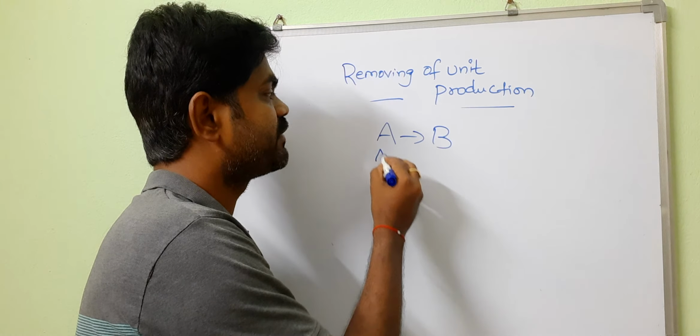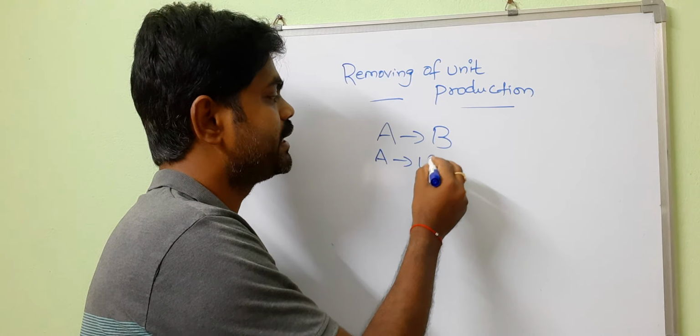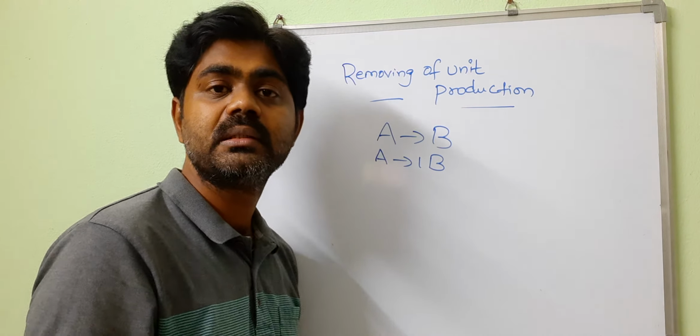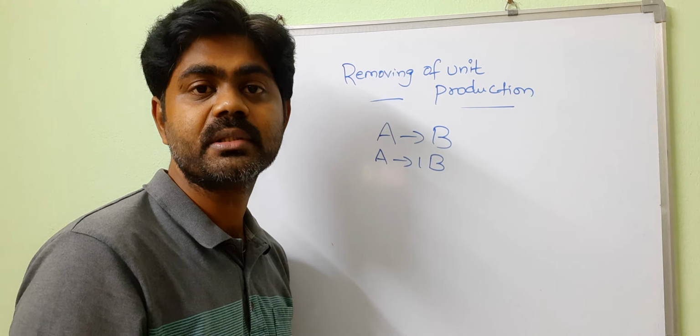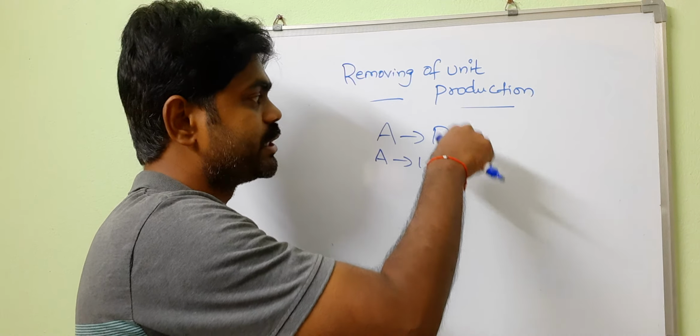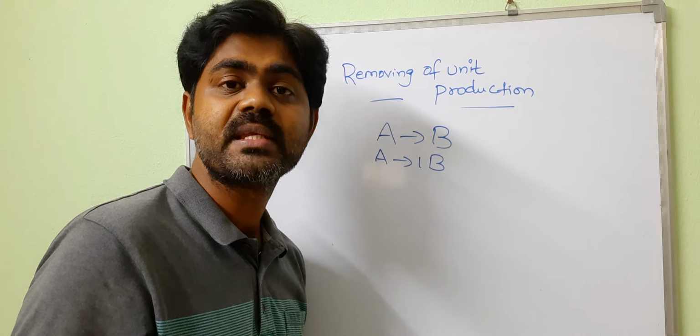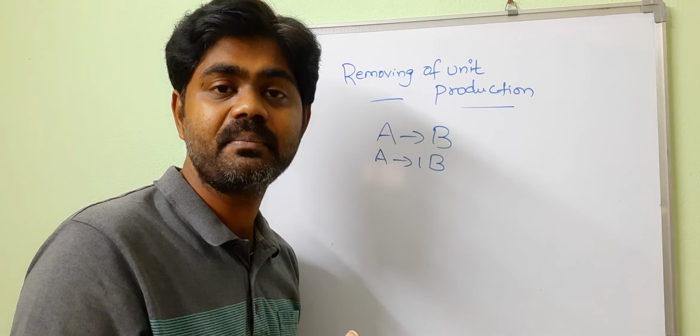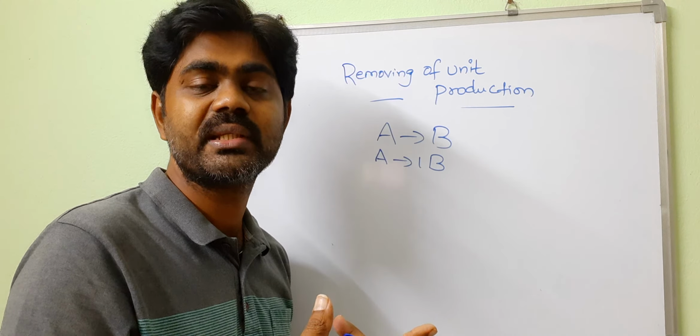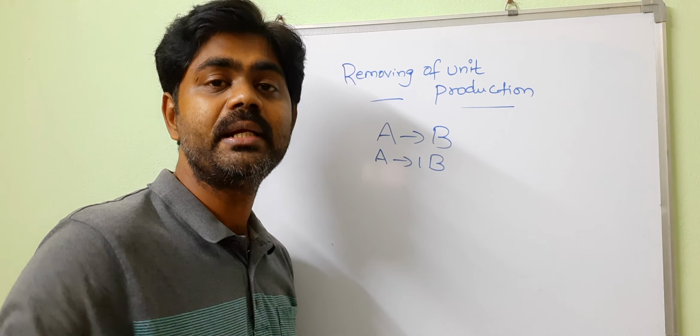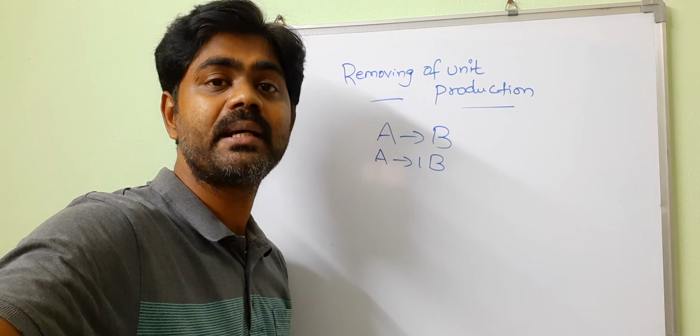For example, if I have A tends to 1B, that's okay. It's not a unit production. So if I want to remove this unit production, I need to substitute that with some other production so that I can remove my unit production. So let's see an example by writing some grammar.